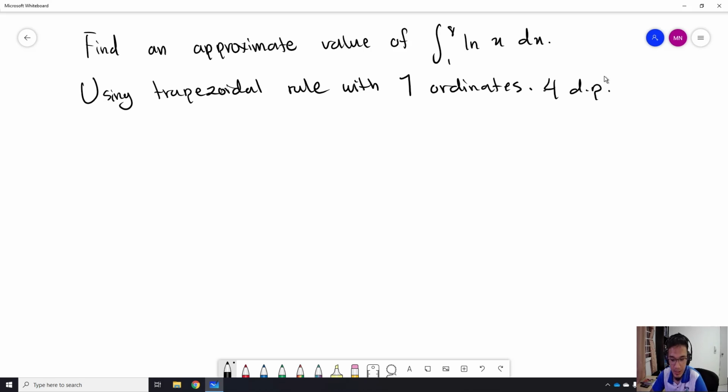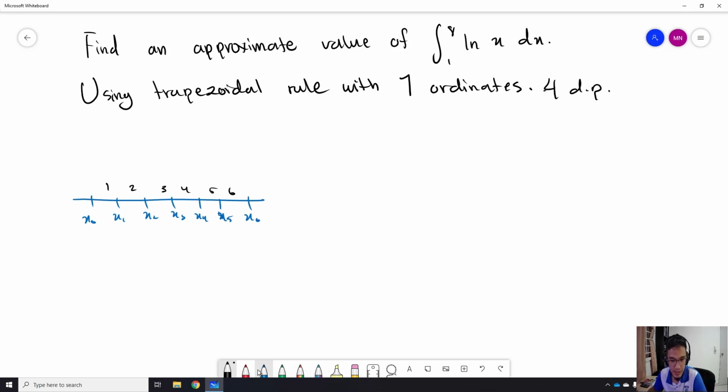Okay, when the question mentions 7 ordinates, that means we have x0, x1, x2, x3, x4, x5 and x6. So 7 ordinates, 1 2 3 4 5 6 7, means we have 6 strips.